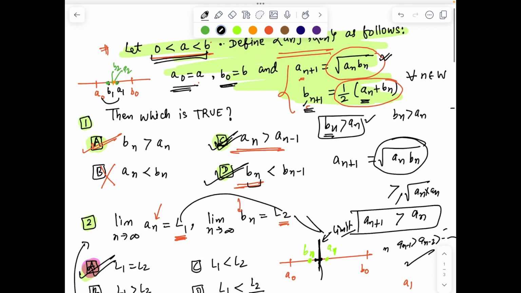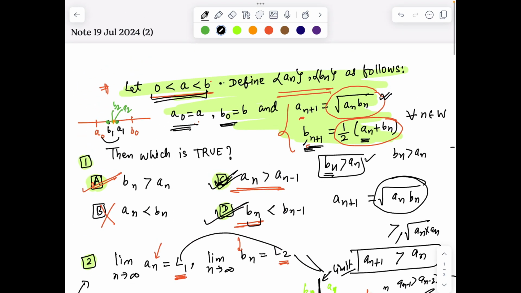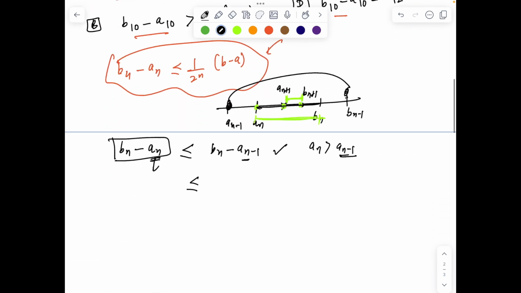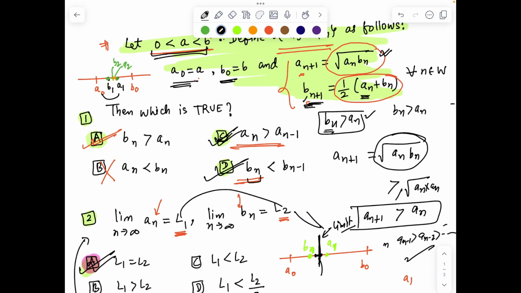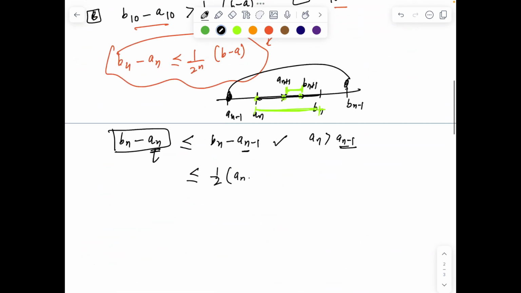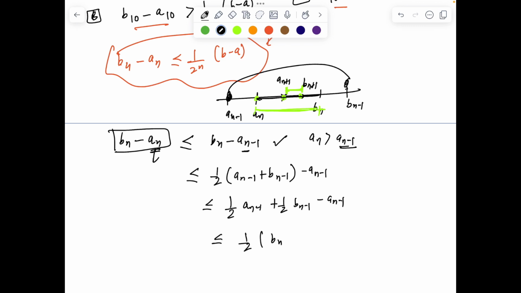Now by the definition of Bn, we can directly replace n with n minus 1, so we'll have half times A(n-1) plus B(n-1) minus A(n-1), and that will give you half times A(n-1) plus half B(n-1) minus A(n-1), which evaluates to half of B(n-1) minus A(n-1).